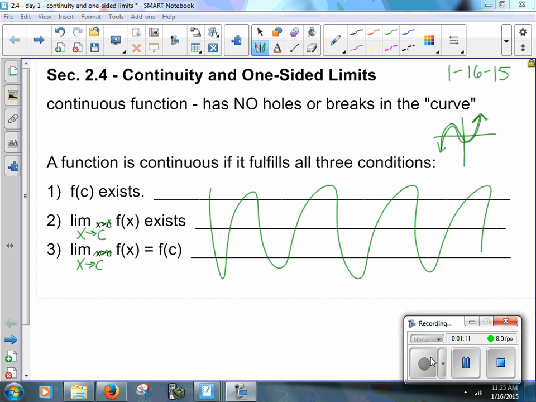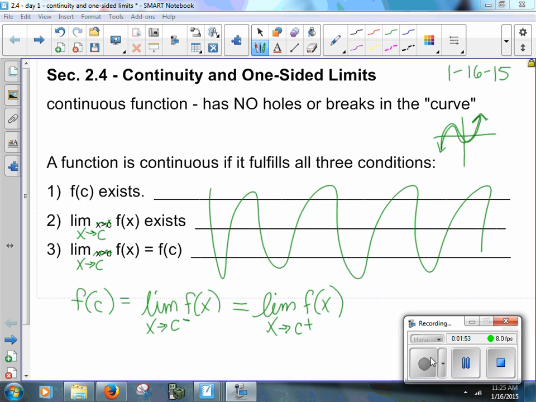So if these all are using the same x value being c, representing any constant, then that value, f of c, better equal the limit of that function as x approaches that same number, which better also equal, hold on, oh, now I know, the left-handed limit and the right-handed limit.